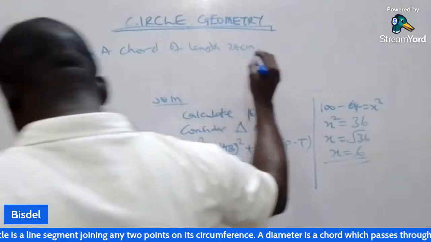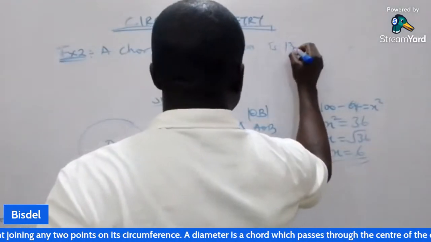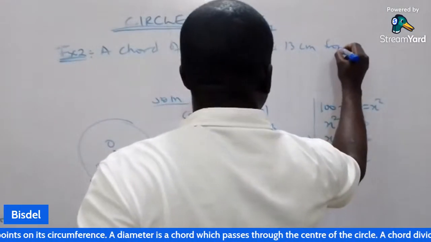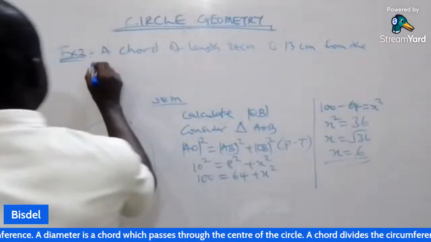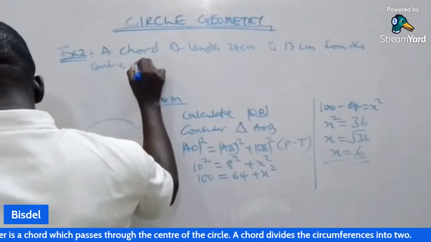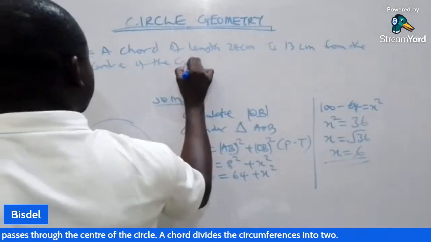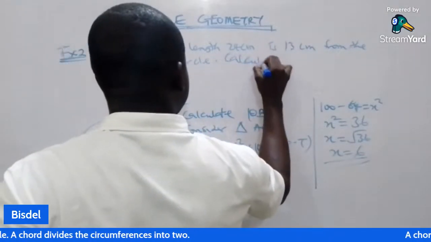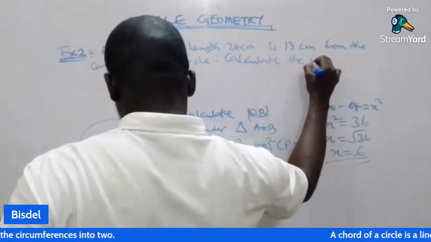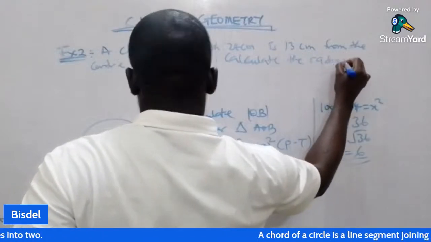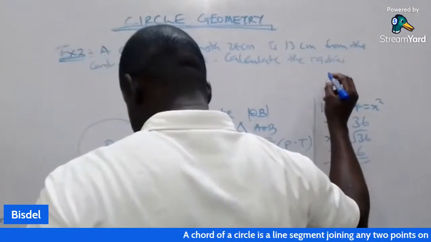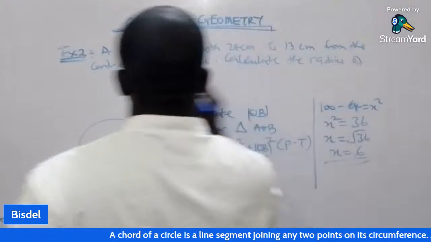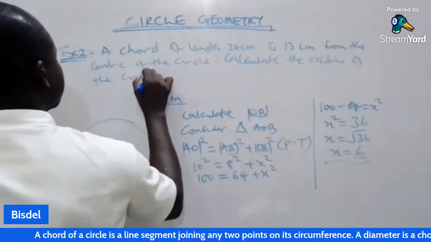A chord of length 24 centimeters is 13 centimeters from the center of the circle. So the question now says calculate the radius of the circle.